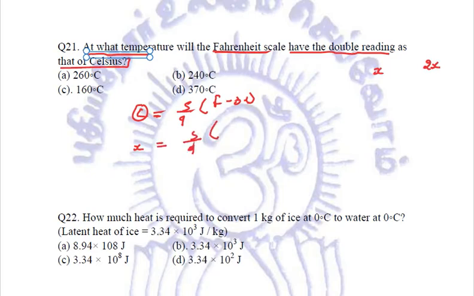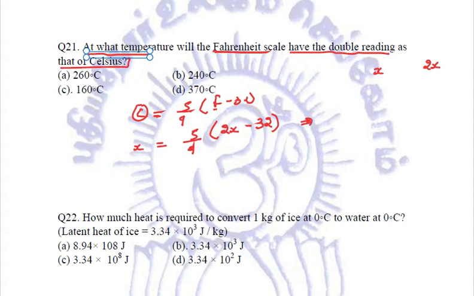Instead of F, we write 2X, since X is the value on Celsius and on Fahrenheit it needs to be double. So 2X minus 32. Now we can simply calculate the value of X by rearranging the equation. Let us try to solve. What is the answer coming?